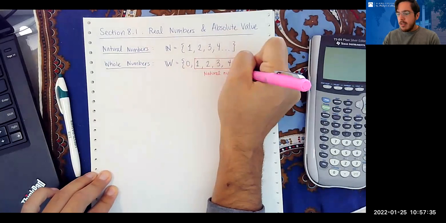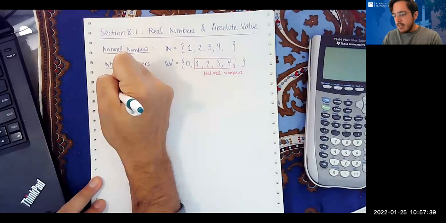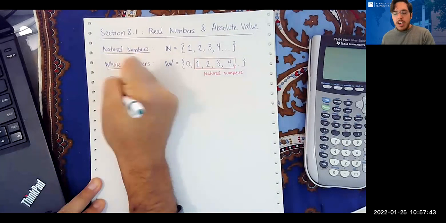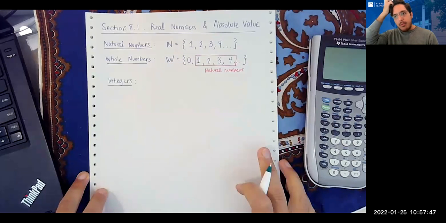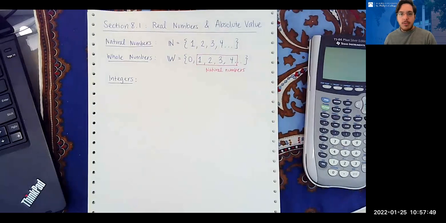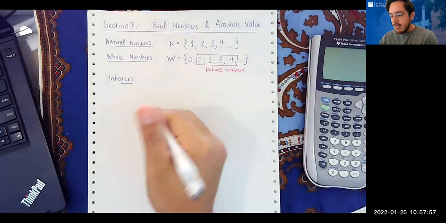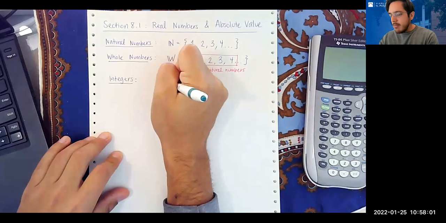Okay. Then we took a step up from there and we discussed the integers, which again, in our common everyday language, we might say that negative numbers like -1, -2 are whole numbers. But by this convention that we're using, we're not going to consider those whole numbers. The negatives are going to be considered integers.